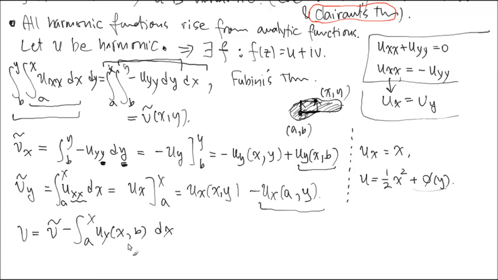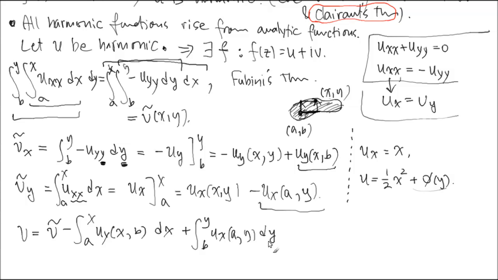I'm adding this one by targeting this one, so if I differentiate it with respect to x, then it's just going to be uyx b in there, and then it's going to cancel that part. Right? So I want to create that one after I differentiate it with respect to x, so I integrate it here. This one needs to go. So after you differentiate it with respect to y, then you have to put some y integral in there, ux at (a, y), and dy, keeping a in there. That turns out to be good.